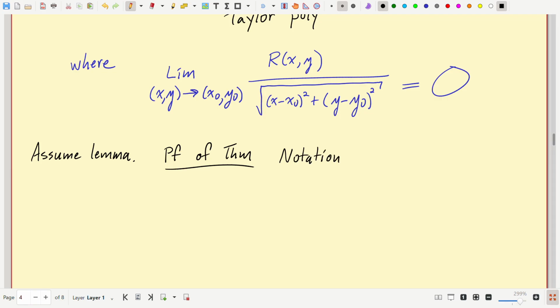I'll write u super 0. U super 0 is u of x naught, y naught. And I'll write du dx super 0 as shorthand notation for du dx at x naught, y naught, etc. Same thing for all of these.